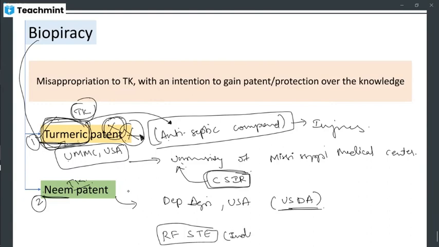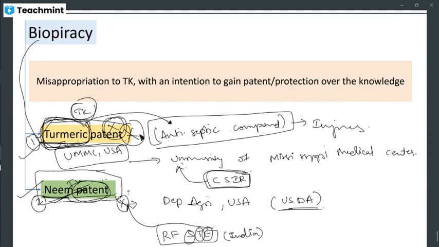Okay, so they countered the biopiracy and now the patent has been removed. They jumped into action and countered this patent for neem traditional knowledge. So these two are the examples of biopiracy.